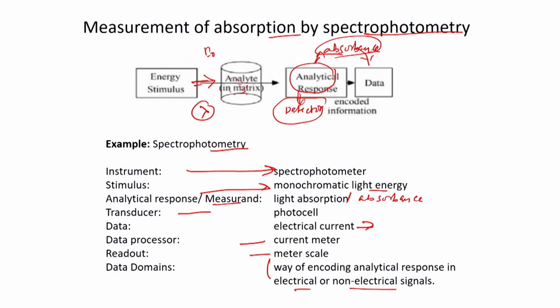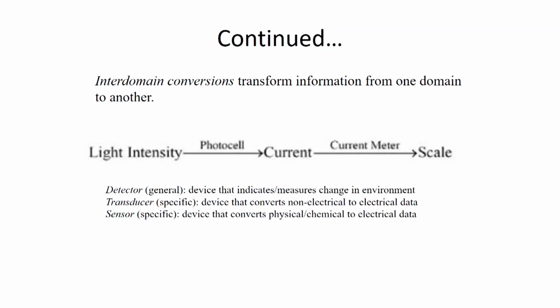These detectors may directly provide the information, or they may provide some other information which may be converted to the data or some other form. The same thing is given here about the light intensity of a photocell, and it gives a current. So you measure the current by a current meter, and then you do the scaling.